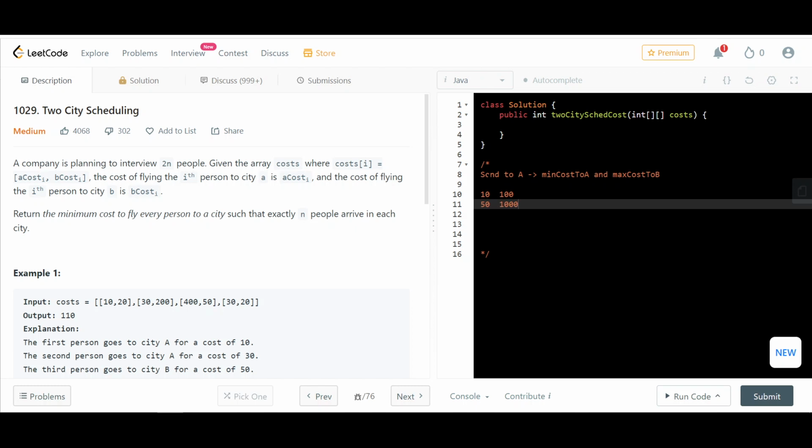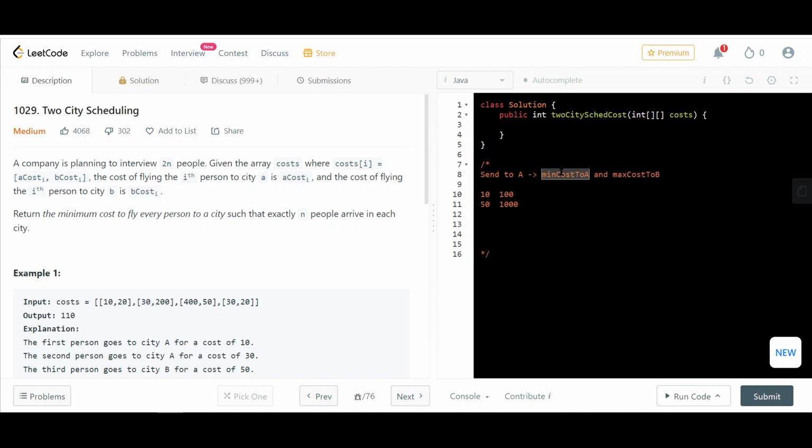Now if I go with this, I want to send this guy to A because it will only cost me 10 as opposed to 50. But if I send this to A, then I'm forced to send the second person to B, and so my total cost will be 1010, as opposed to if I had done the other way around, just 150. So just min A is not sufficient.